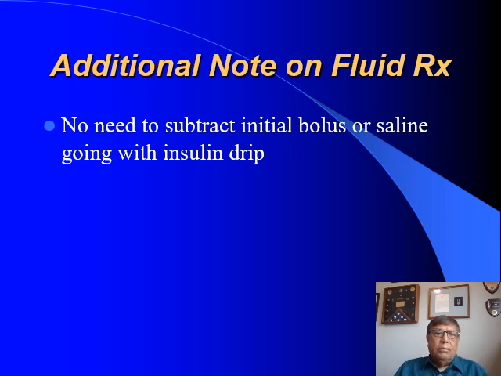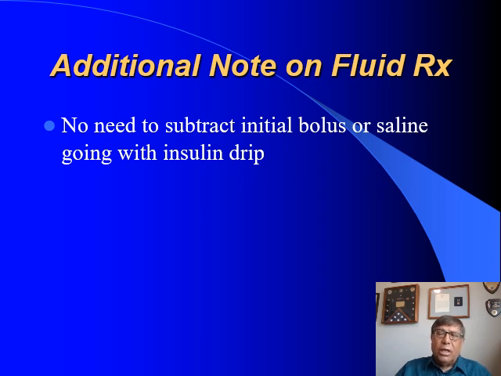I have seen some people try to subtract the initial fluid bolus that was given in the ER when they calculate the fluid, but I don't think that is necessary because the polyuria is so severe that it will just wash out quickly.